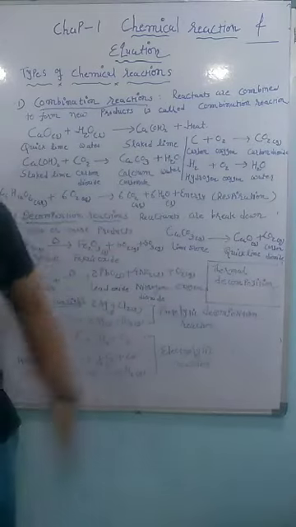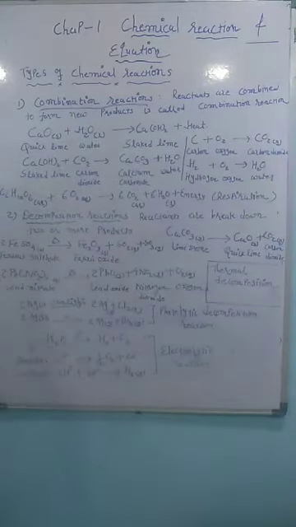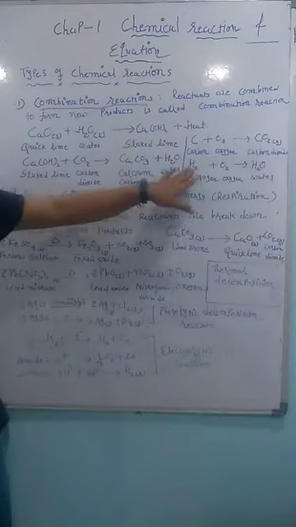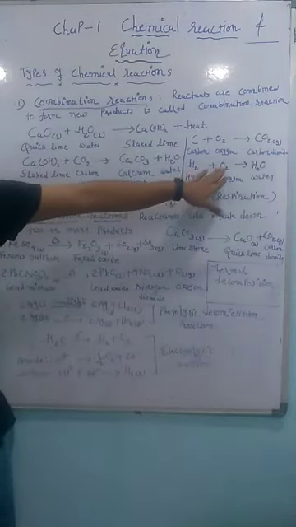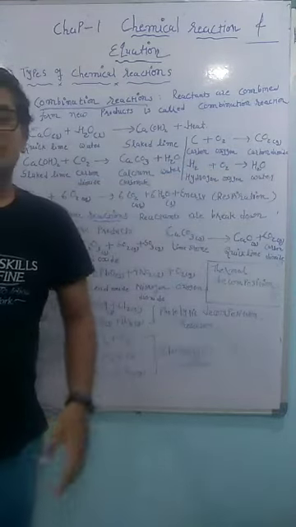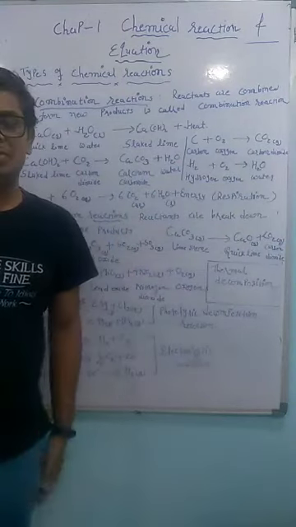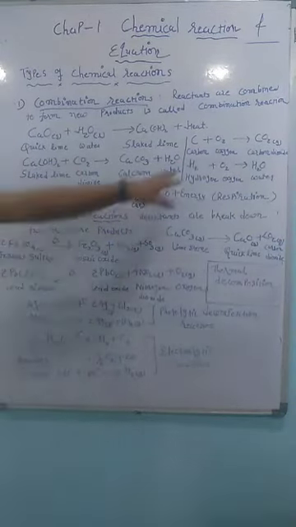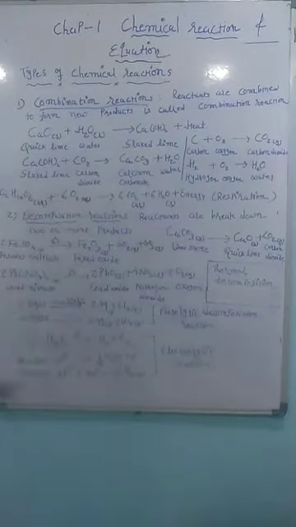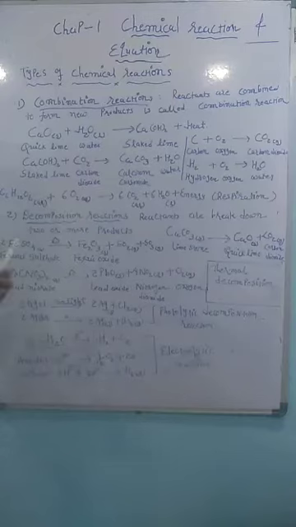Second reaction: 1 mole of hydrogen gas reacts with oxygen gas and produces water. Two reactants are combined to make the product. These are all examples of combination reactions, in which reactants are combined to form products.